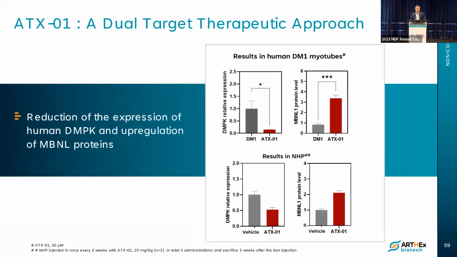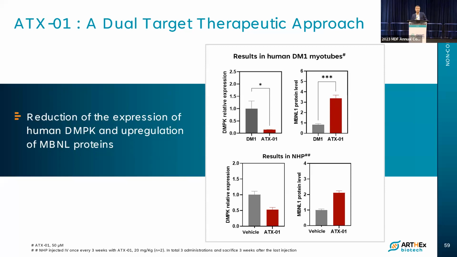You see on this slide, on the top, we are testing the molecule in human DM1 myotubes. You can see that we can increase MBNL protein by threefold by applying the drug ATX01, and at the same time we downregulate the expression or the stability of the DMPK mRNA.